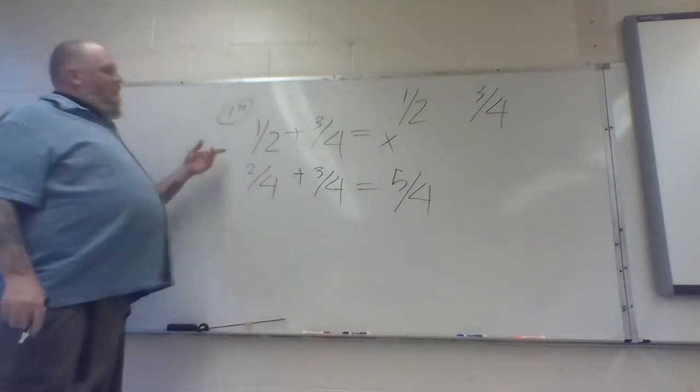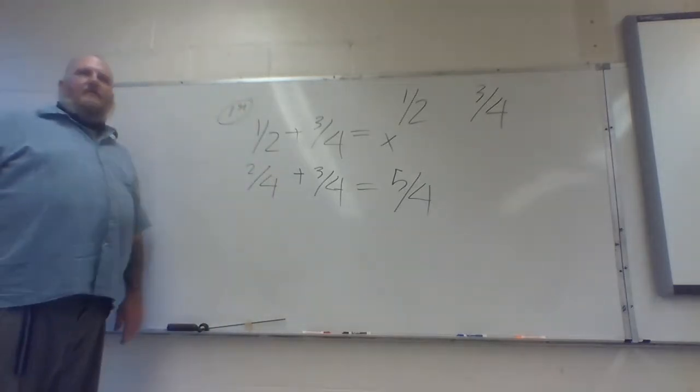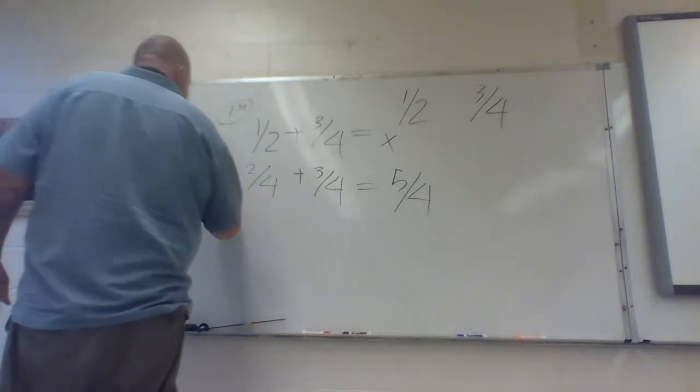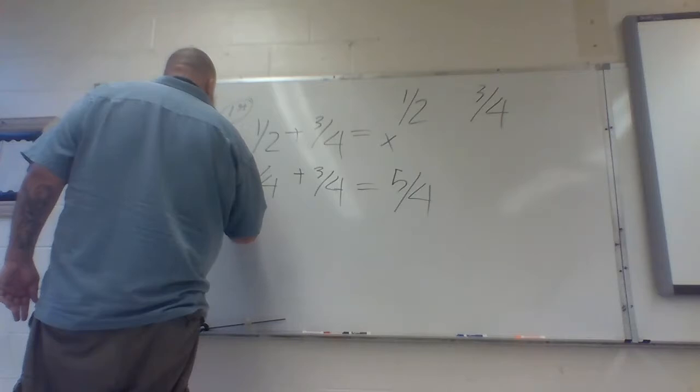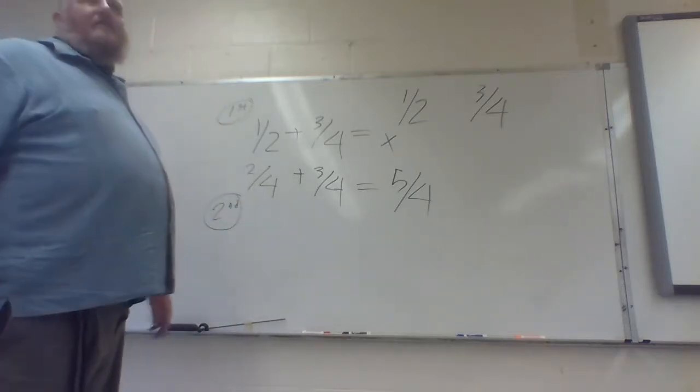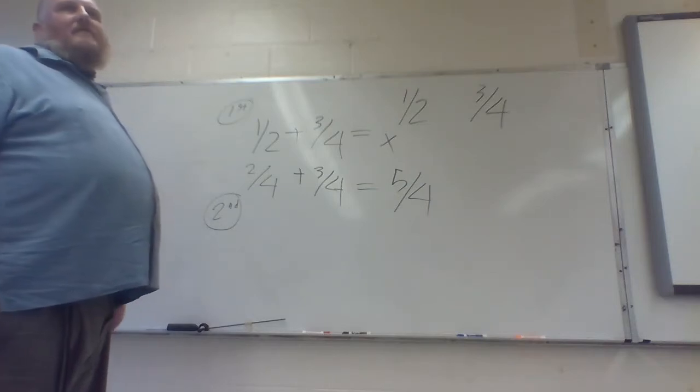All right, so the first step is we added the two fractions together, all right? And come out with our answer, which is 5/4. Now the second step is going to be to divide 5/4 by 2. That makes sense to everybody while we're doing that?